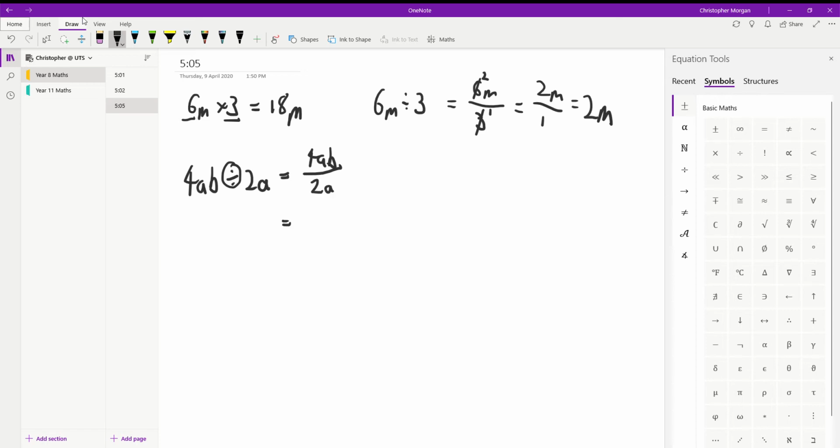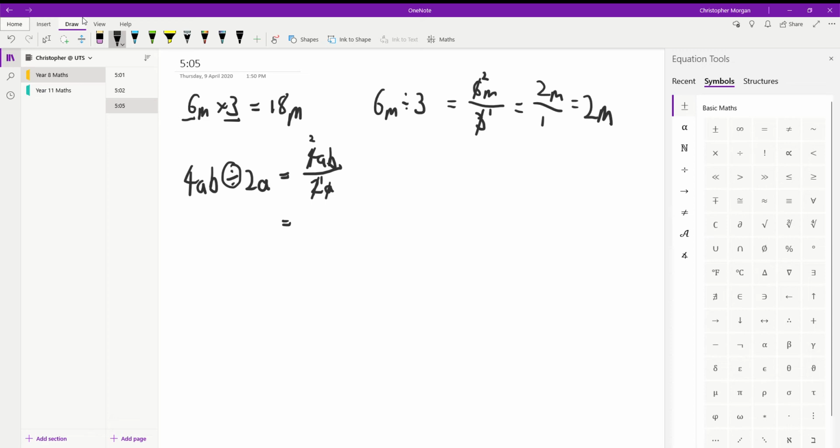Okay, can we see any things here that could cancel? Well, I think you'll notice that there's a 2 and a 4 that can cancel. So how many 2's are there in 2? Well, 1. How many 2's in 4? 2. How many a's do we have? Well, we have 1 and 1.